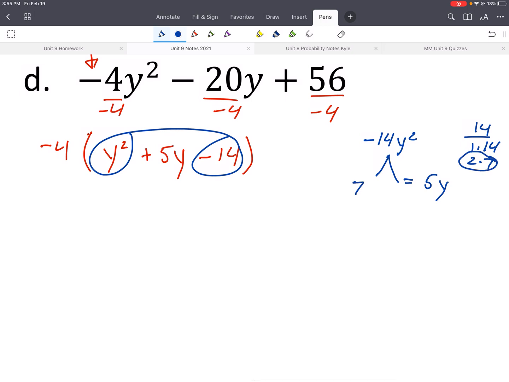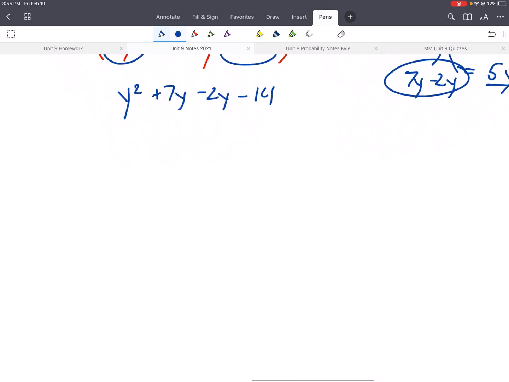So maybe 7y minus 2y. That gives us 5y. And if we multiply, it gives us the negative 14y squared. So that works. So we'll do y squared, we'll put that in for the middle term, plus 7y minus 2y, and then we have our negative 14. This time I'm going to use a box method.